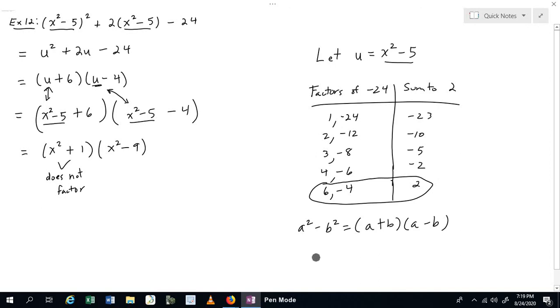Let's figure out what a and b are. a would be the square root of x squared, which is x, and b would be the square root of 9, which is 3. So this is going to factor into a plus b, x plus 3, times a minus b, which would be x minus 3.